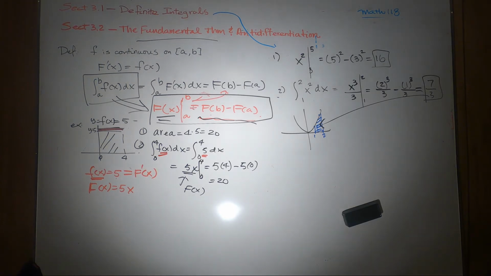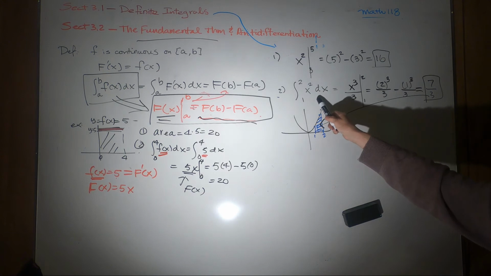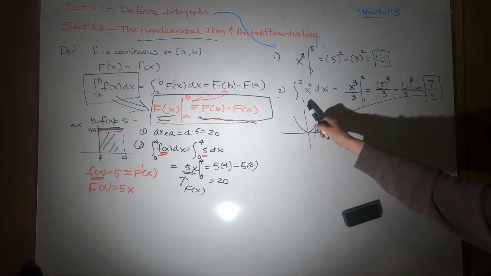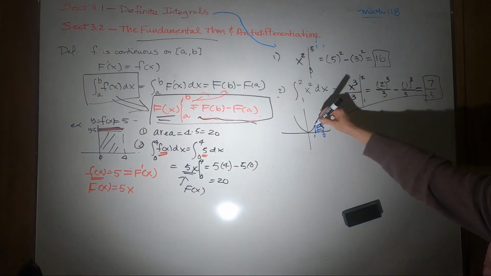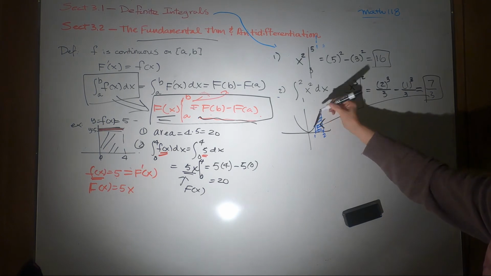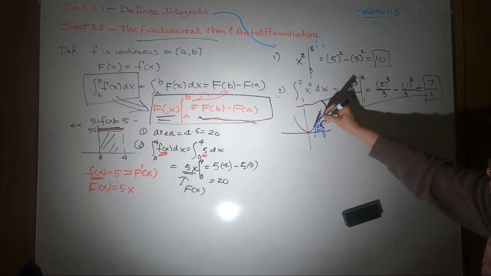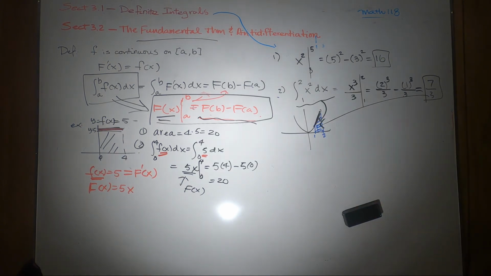In section 3.1, the concept is that the definite integral from 1 to 2 of x squared dx is matched with the area underneath the curve.